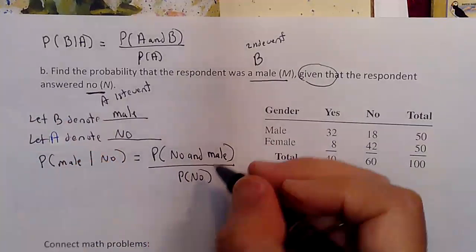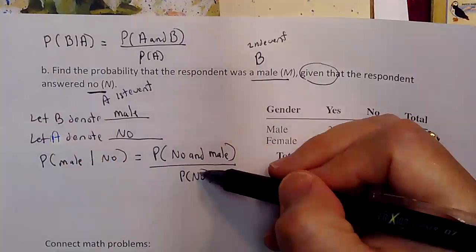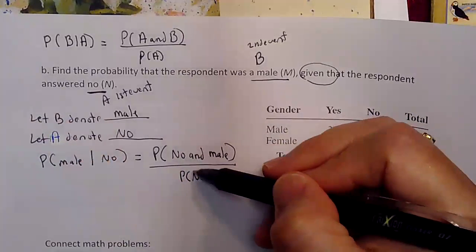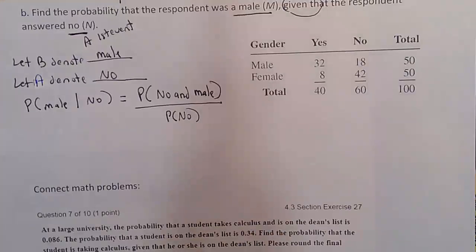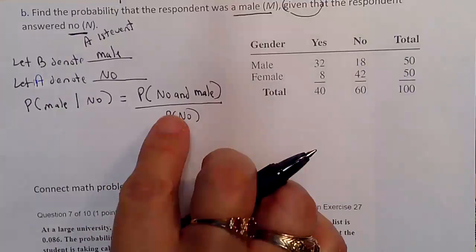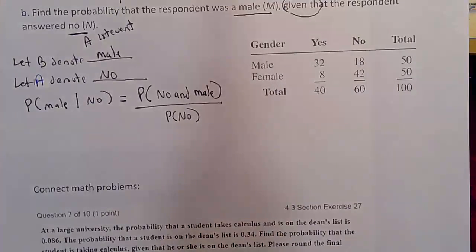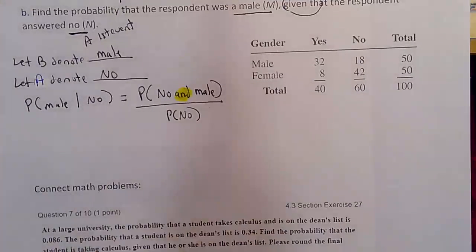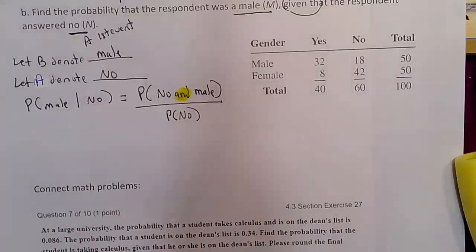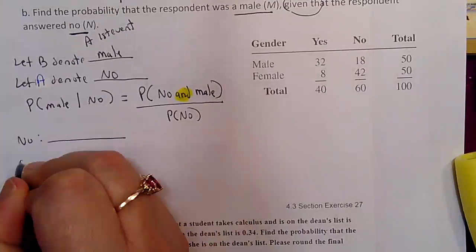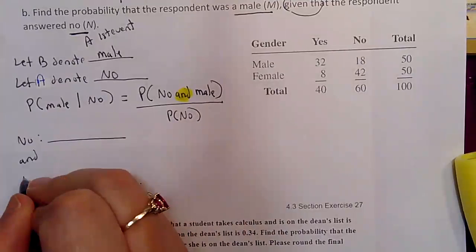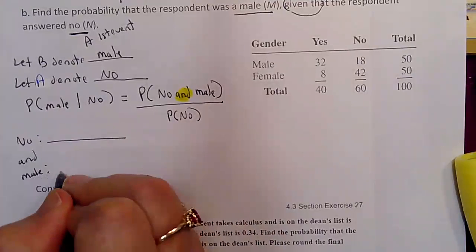So you see this pattern; when you check your work, these should be identical. See how this is an and? So I'm going to do my outcomes. I have my no outcomes, and I have my male outcomes.